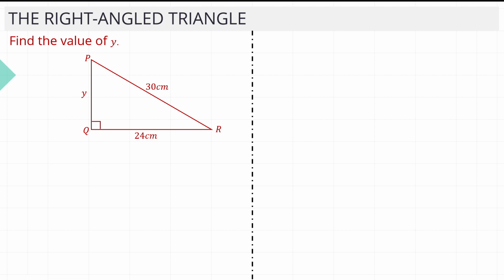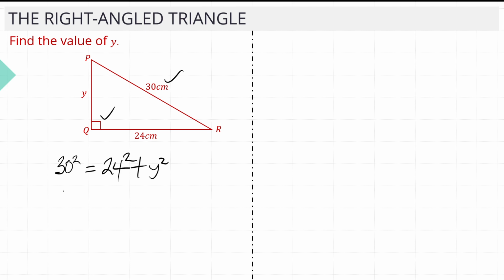Next question. Find the value of y. Pythagoras theorem says that the side that is opposite the 90 degrees, which is the hypotenuse, we square it and equate it to the sum of the squares of the other two sides.